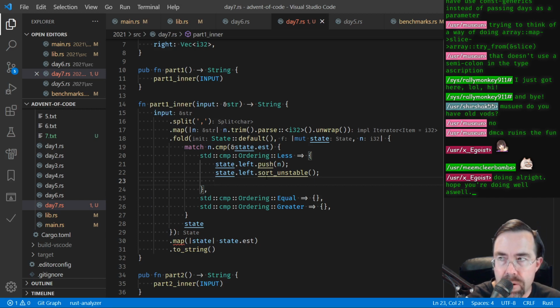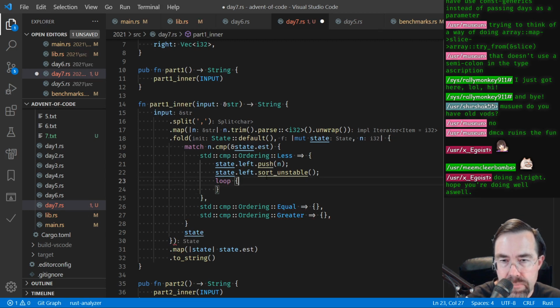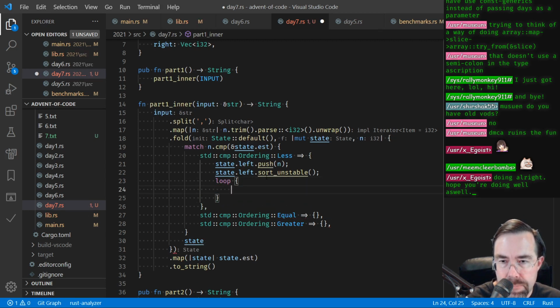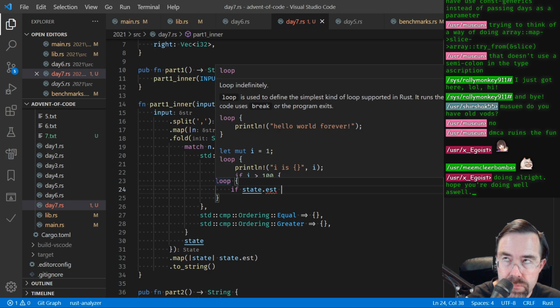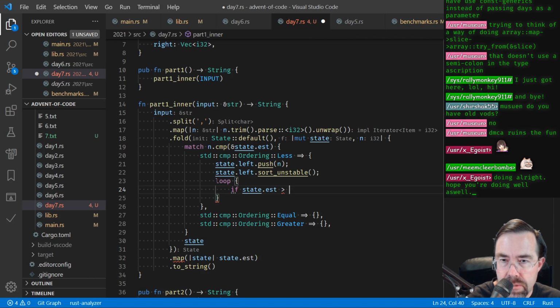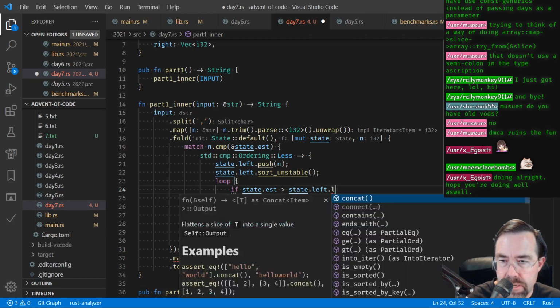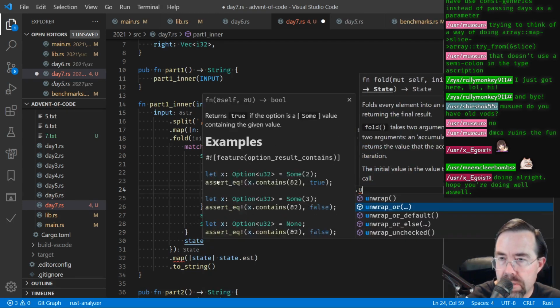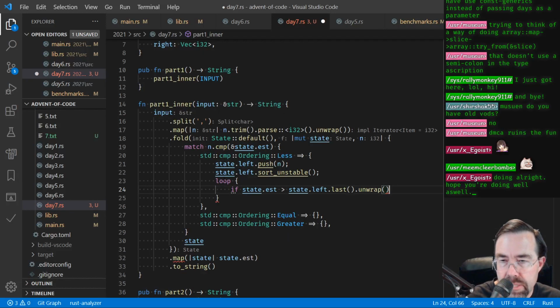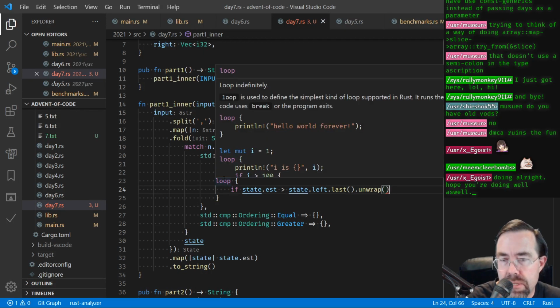Let's put a loop in there at the beginning. And then if state.estimate is greater than state.left.last.unwrap. Actually, what happens if the state left is empty?